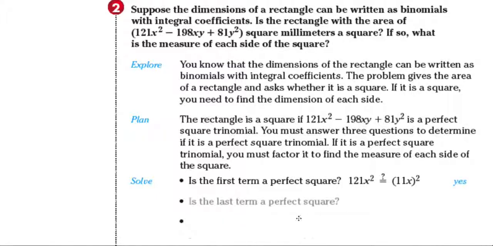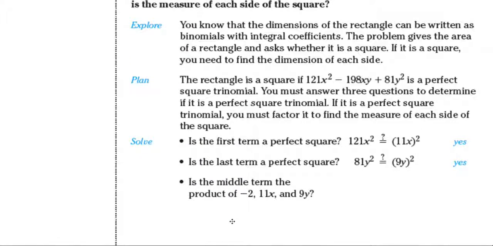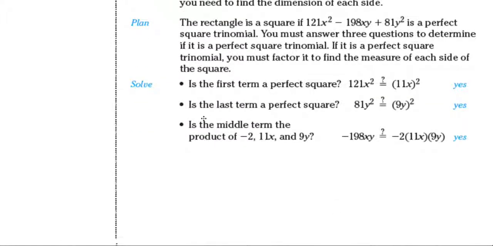Is the third term a perfect square? Yes, it is, because 81y squared is the same as 9y squared. And is the middle term twice a and b, or twice 11x times 9y? The answer to that is also yes, because 11 times 9 is 99 times negative 2 will give you negative 198.